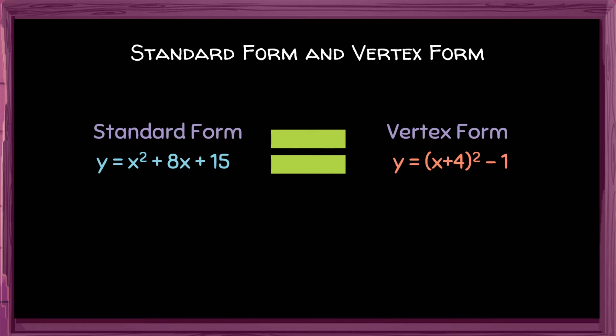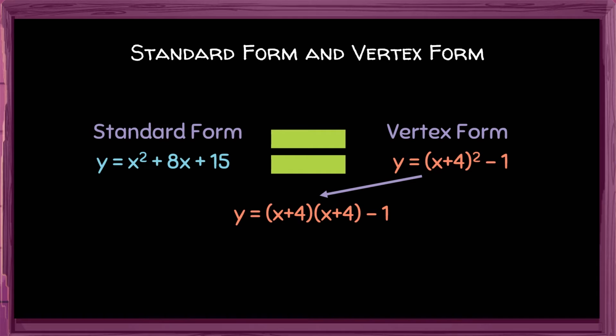Can anyone tell me how we could use FOIL on our vertex form here? The vertex form says x plus 4 squared minus 1. So isn't that just x plus 4 times x plus 4 with a minus 1 at the end? So could we FOIL x plus 4 times x plus 4? And when we figure out what that is, we can just subtract 1 when we're done, right?